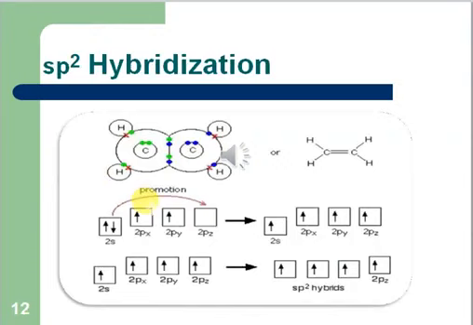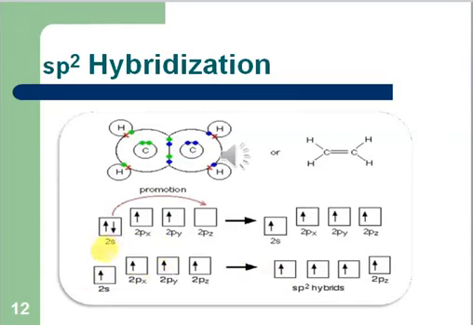Next we see the sp2 hybridization. In sp2 hybridization, again we have a carbon in the excited state. Here we have these orbitals, each with one electron, right? What happens when we carry out sp2 hybridization? One of the p orbitals does not participate in hybridization, so we mix one s and two of the p orbitals.